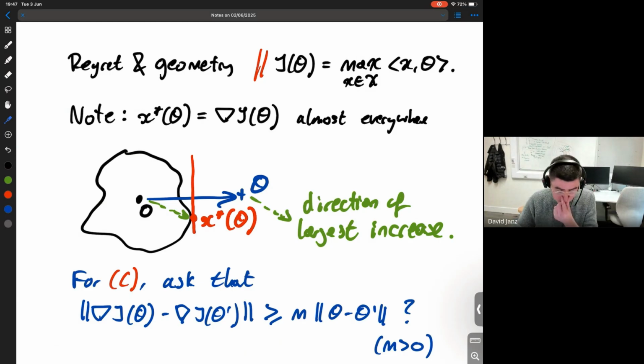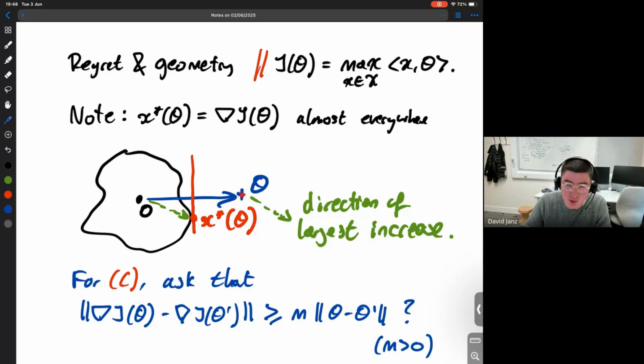What's the arm you're going to pick? Well, slide a line perpendicularly to theta and find the point at the boundary of the arm set. This is the action you're going to play. This is the action with the highest inner product against your theta. And now, this is x star.